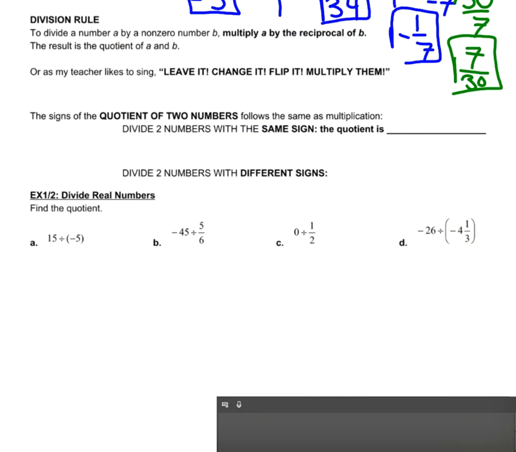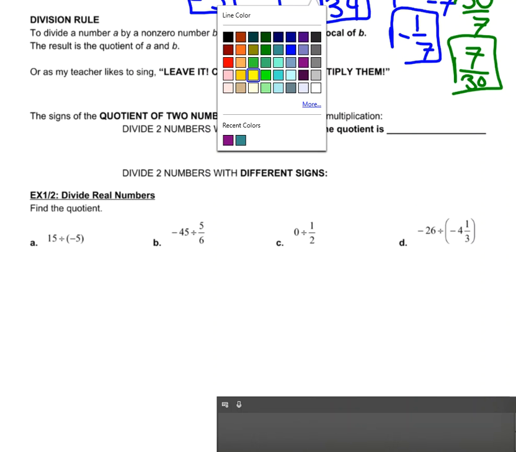Okay, so we know how to find the reciprocals of numbers. This is going to be important when we're dividing. Division rule. To divide a number A by a non-zero number B, multiply A by the reciprocal of B. Let's highlight that, or underline it if you've got a pencil.